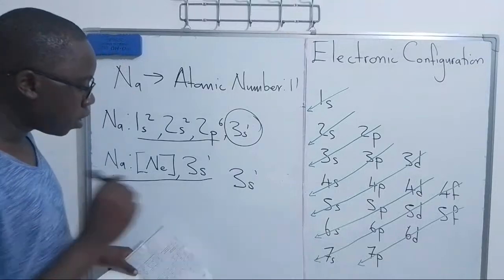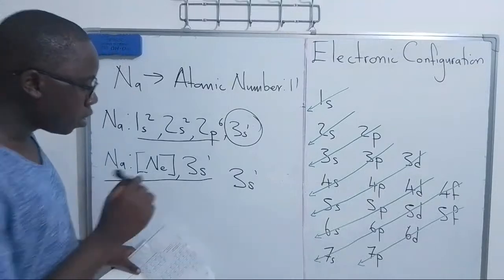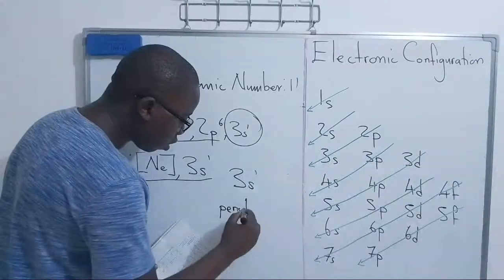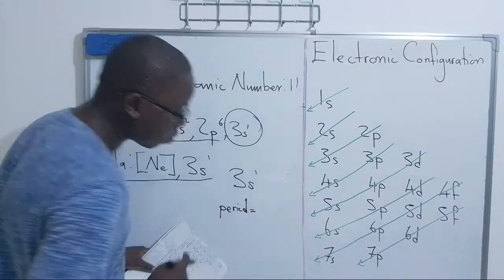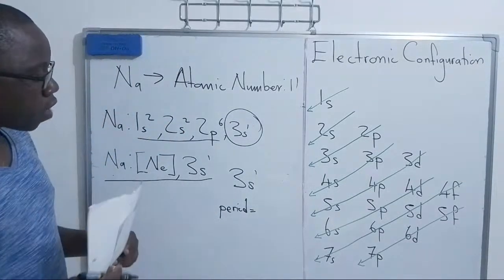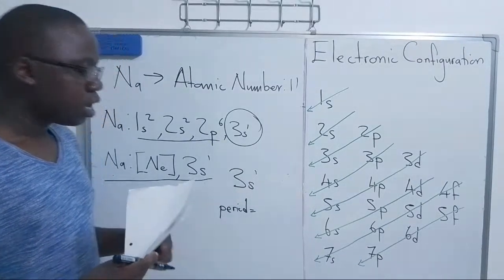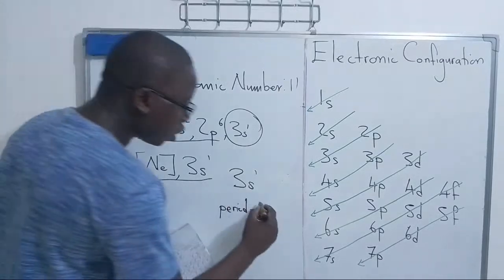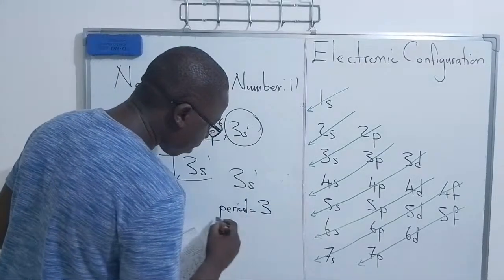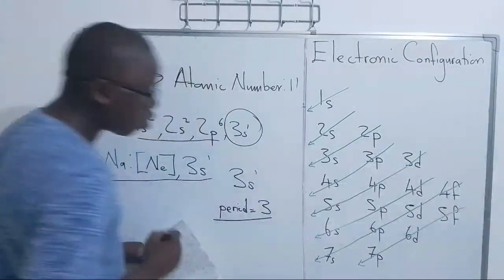The first one is the period in which this element is. The number, which is the principal quantum number, which is 3, gives us the period in which this element is. So sodium is in period 3.